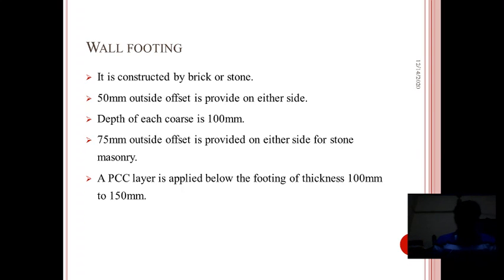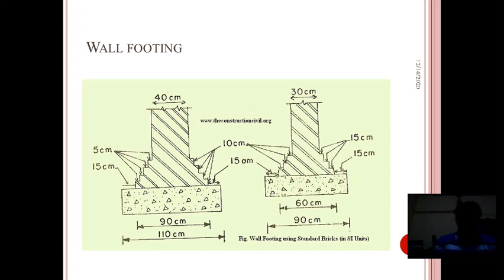So first one is wall footing. Observe the figure I am showing here. A PCC, that means plain cement concrete, is laid below, usually of thickness 100 to 150 mm, nothing but 10 centimeter to 15 centimeter.